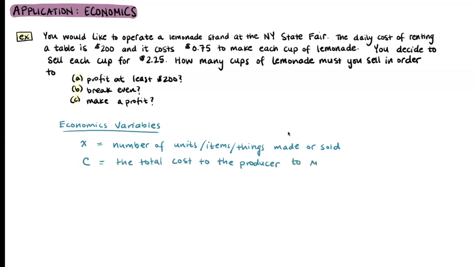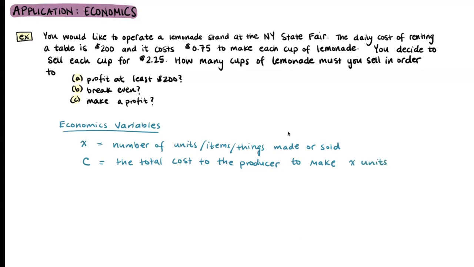It depends on how many things they make. How many cups of lemonade you make will affect your cost. If you make 1 cup of lemonade, you're only going to pay an additional 75 cents. But if you make 100 cups of lemonade, you're going to pay an additional $75. So this is dependent on X. It's going to be a formula that has X in it. It's the total cost to the producer to make X units, or items, or things, or whatever.